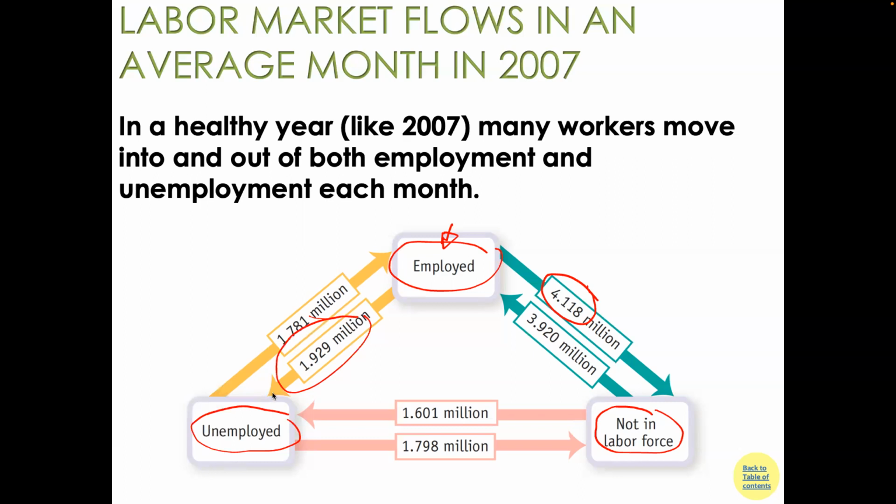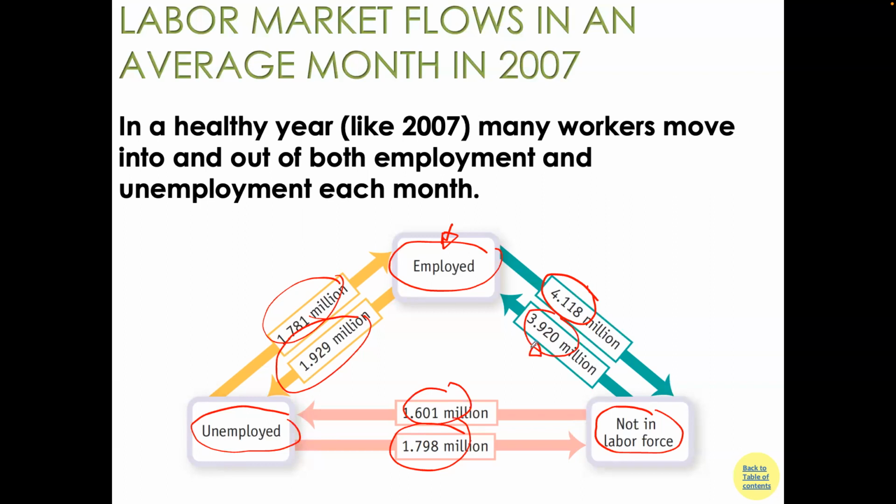Now for unemployed, some go to employed, meaning they find a job, right? 1.7 million. Then you have 1.8 million to not in labor force. This includes those discouraged workers and marginally attached workers, right? Now finally, you have people not in labor force, and there's a huge number that goes to employed, and some go to unemployed.